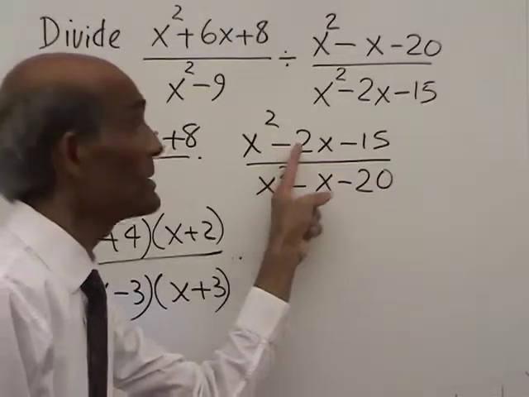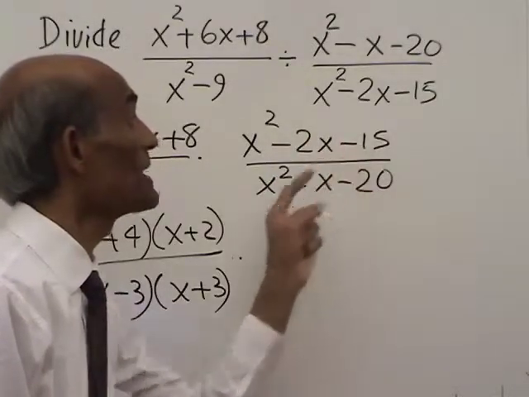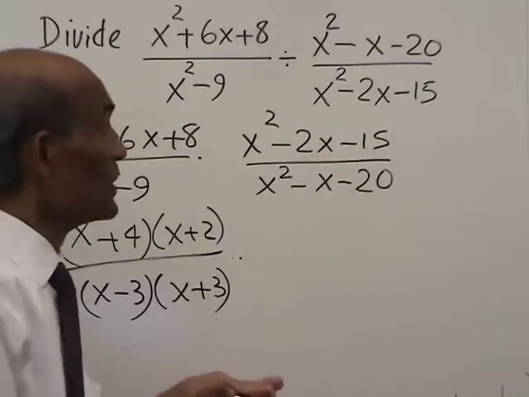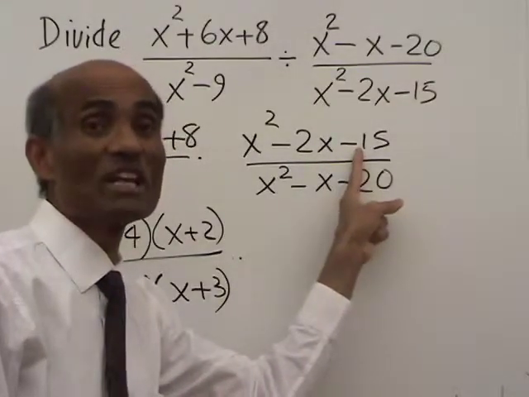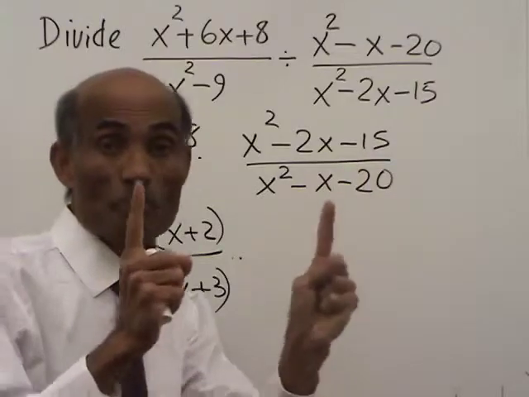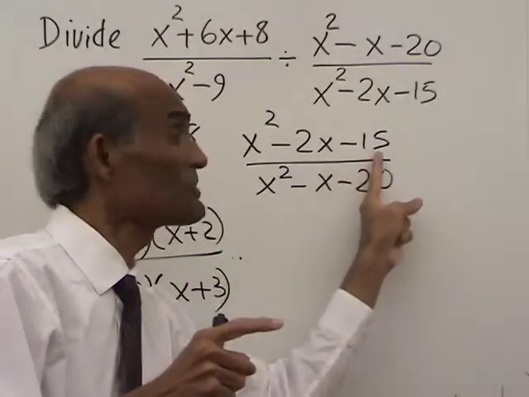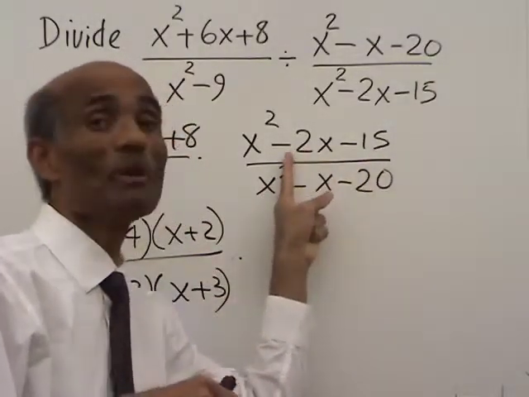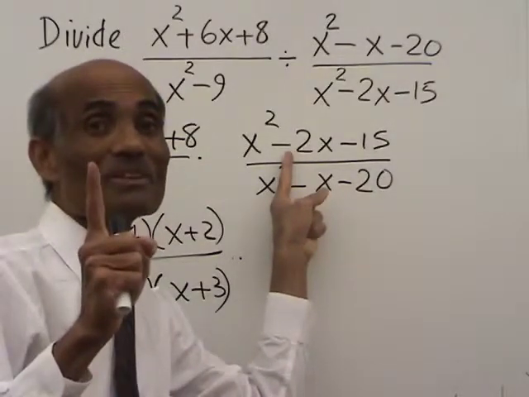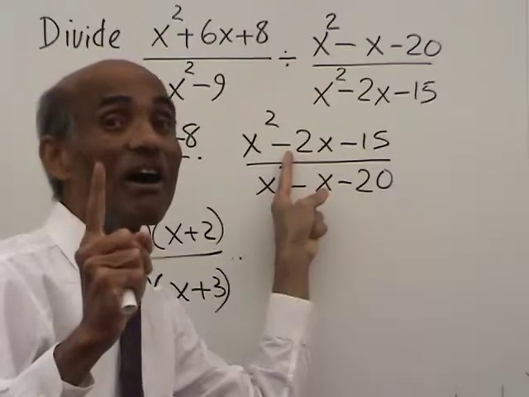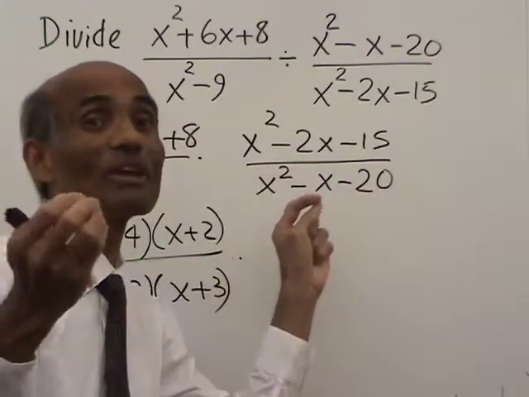Alright, x squared minus 2x minus 15. You need to factor negative 15 so that the product will be negative 15 and the sum will be negative 2. What are those two numbers? It will be negative 5 and positive 3.